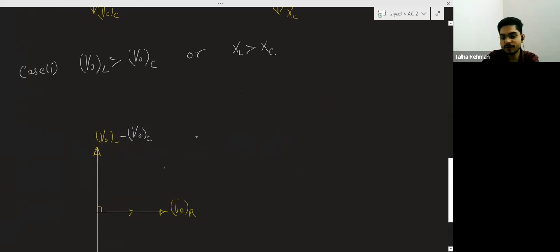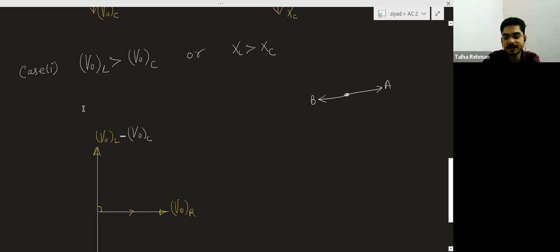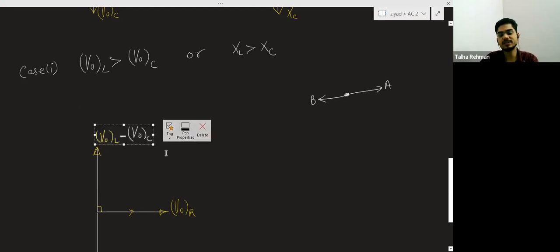What do we do if we have two vectors, suppose A vector and B vector. Basically, right now we have not written XL minus XC. This is the voltage part I have written.